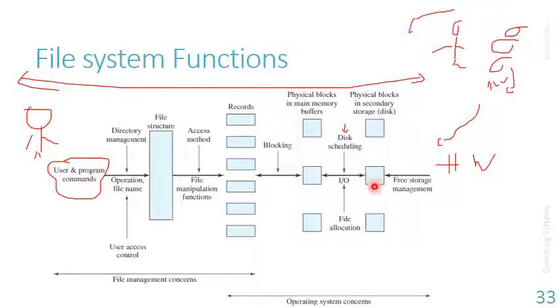Where exactly will they be placed in the case of a hard disk, for instance? Well, they're going to go on the platters, and more specifically on the tracks and on the sectors. And you can notice here that there's something we call free storage management. Why would that be important, by the way?